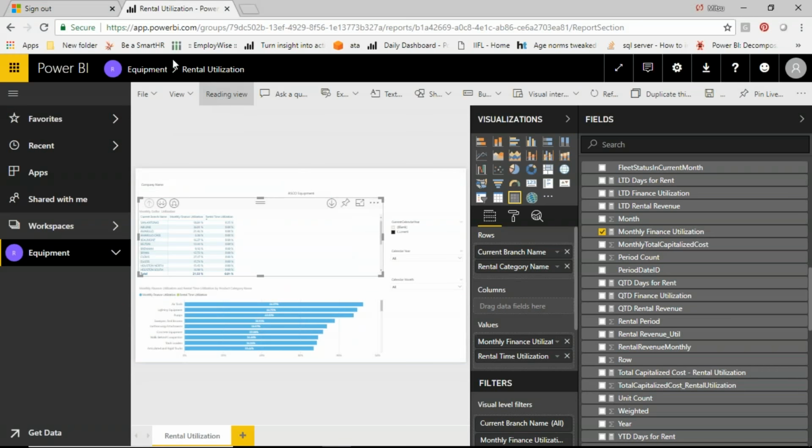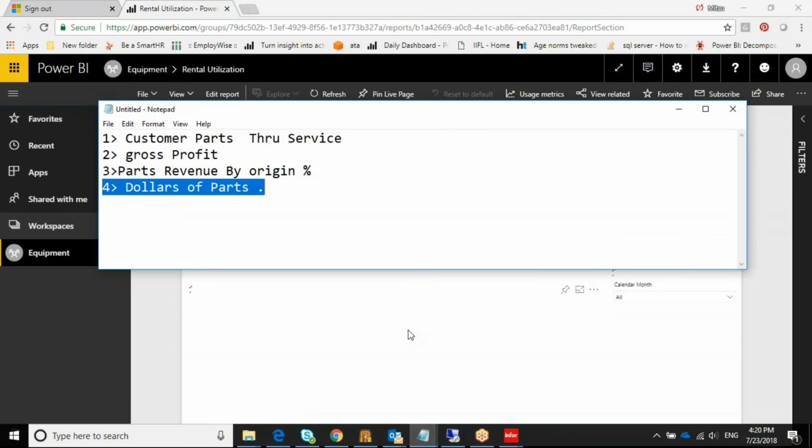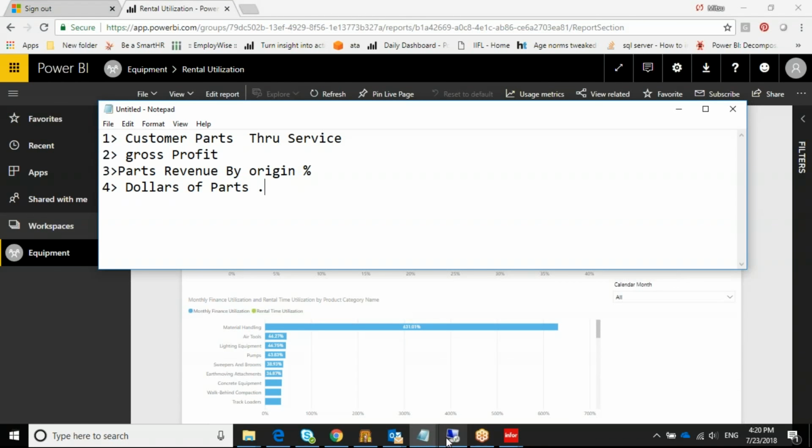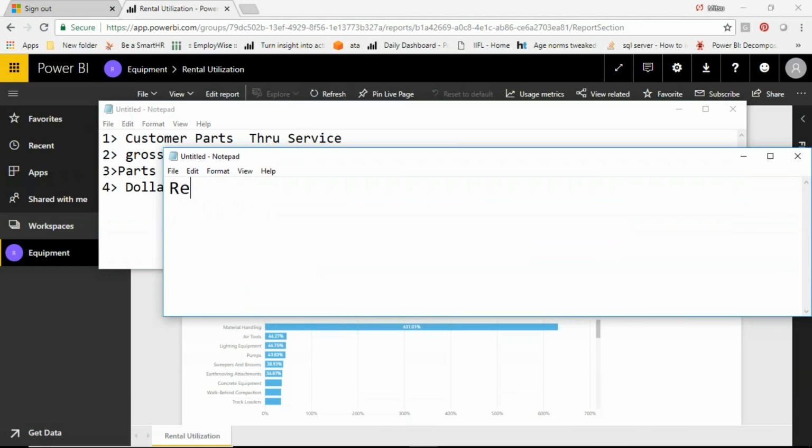So the way we do the dollar utilization is the rental revenue divided by the total capitalized cost into 365 by 12.